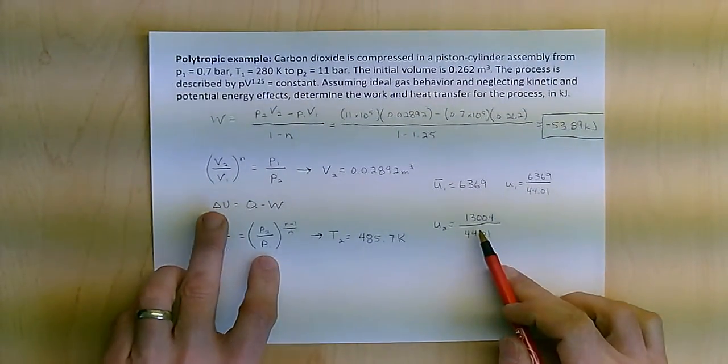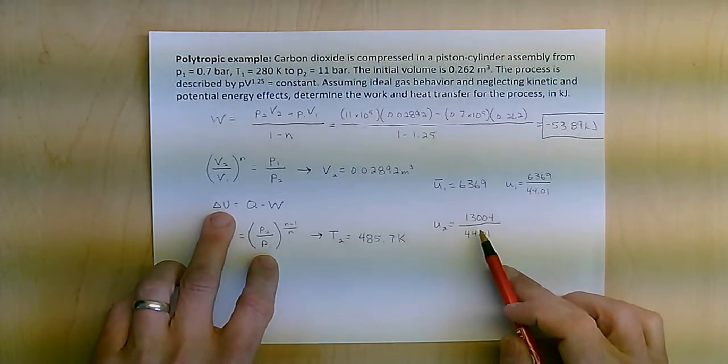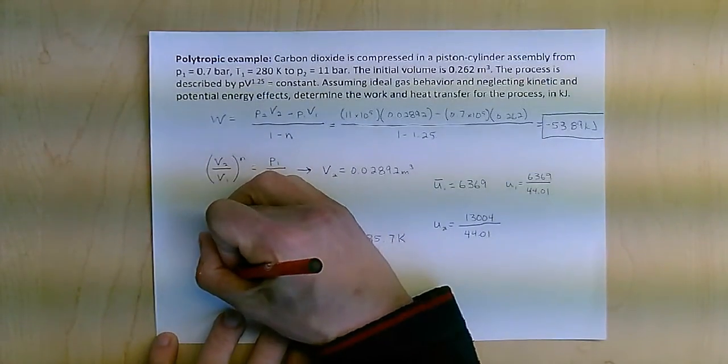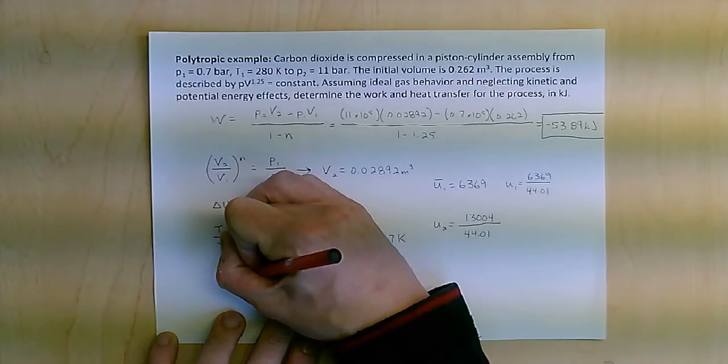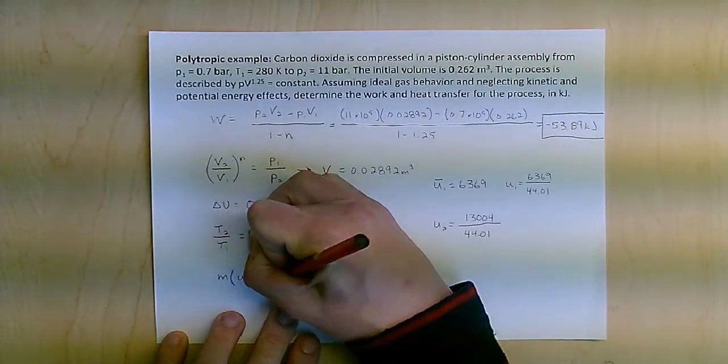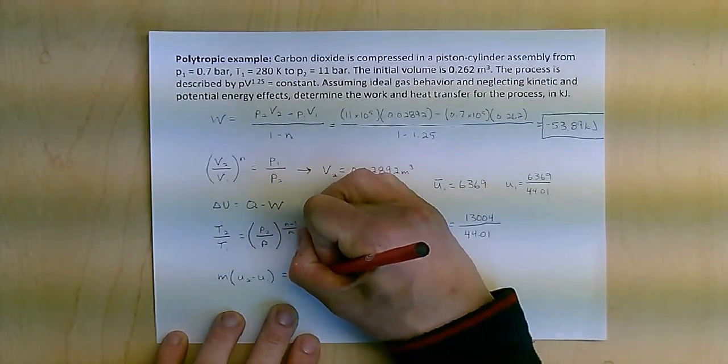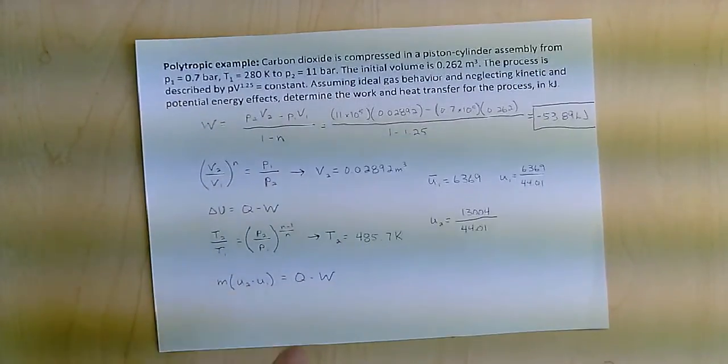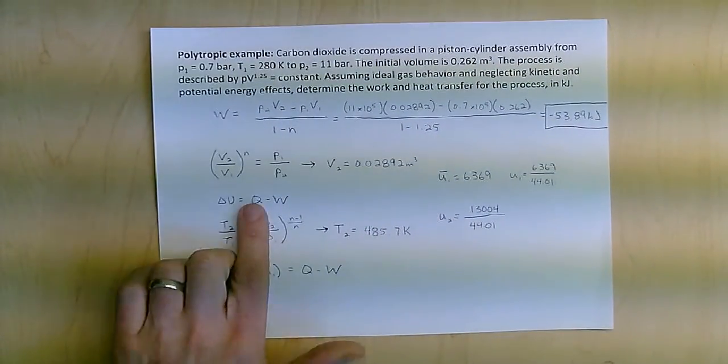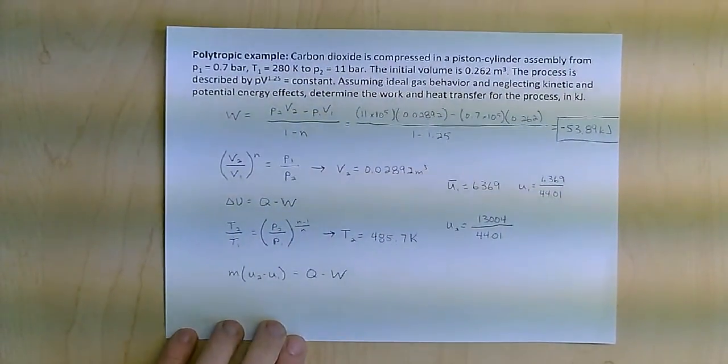Okay. Now coming back here, this is uppercase U. So what I'm looking for is the mass times (u2 minus u1) equals Q minus W. So I also need the mass in order to get this first law equation to work out.